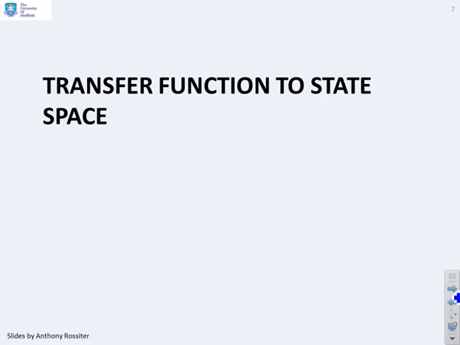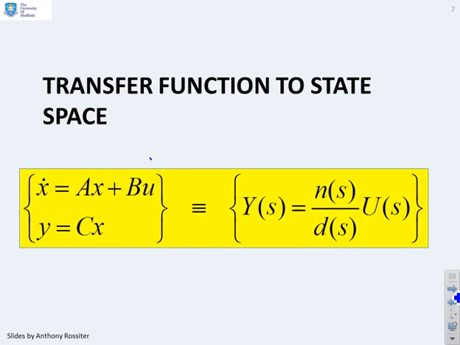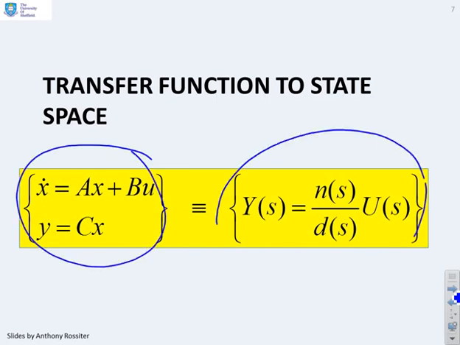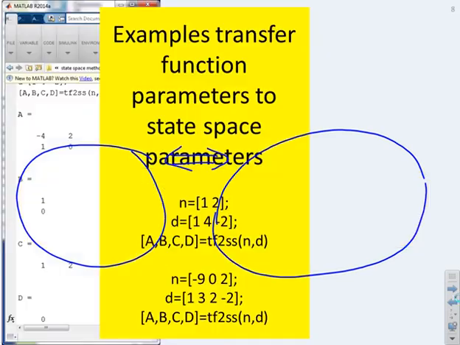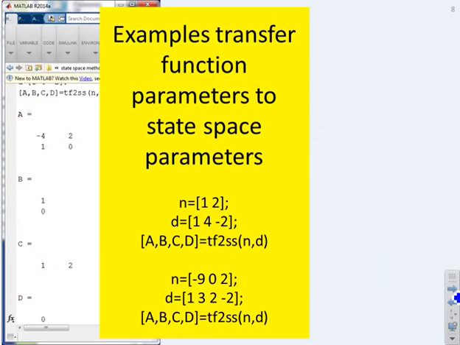What about some of the transformations then that we've been doing in the videos so far, like transfer function to state space? So here's a state space model, and what we're saying is there's an equivalent transfer function model, and you might want to go from one to the other. Here's an example then.